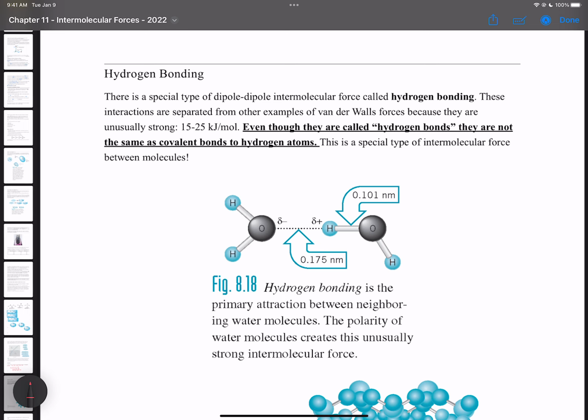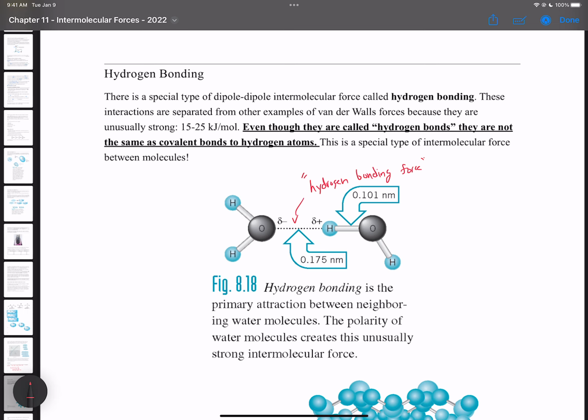But I can see where confusion may arise. Okay, so it's this force here pictured in this diagram, the dotted line. So this is hydrogen bonding. Okay.